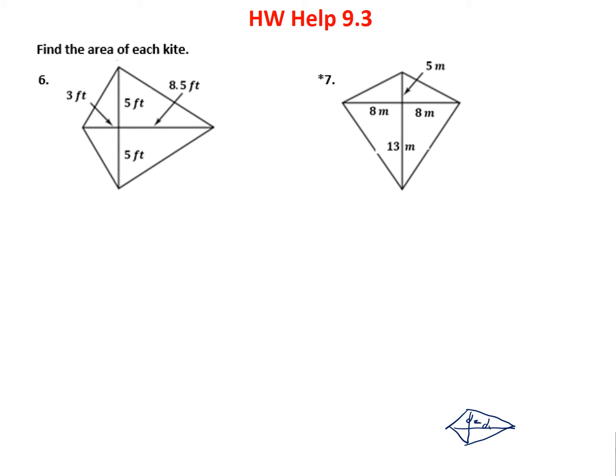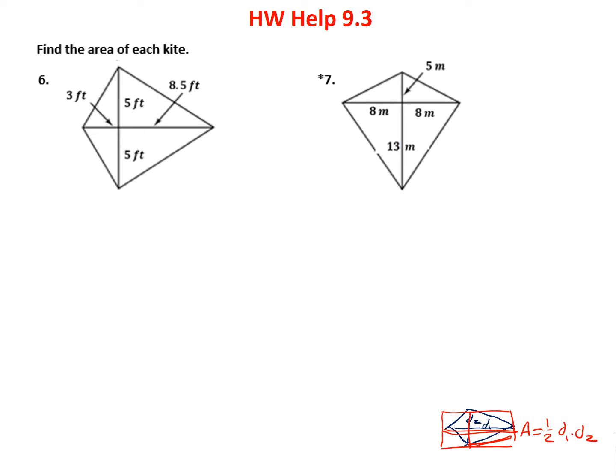Notice that if I formed a box around it, the rectangle around it would equal the diagonal 1 times diagonal 2. And if you look at this carefully and divide it into 4 sections here, the kite takes up exactly half of each section. So that's how we end up knowing that the area of the kite is 1/2 that rectangle, which is D1 times D2.